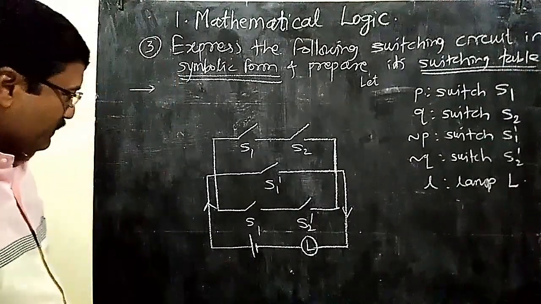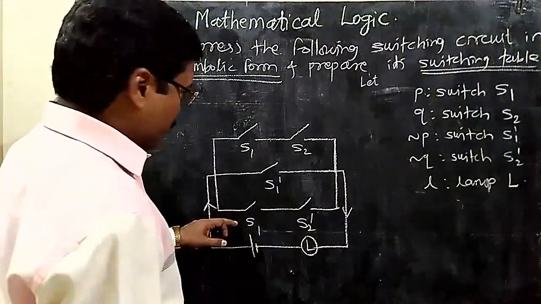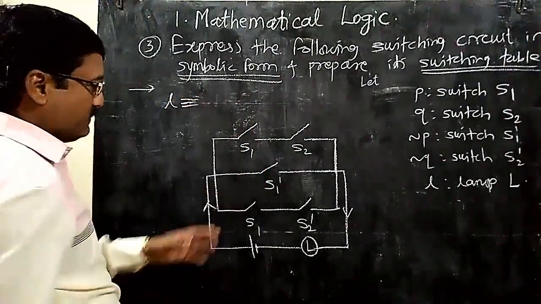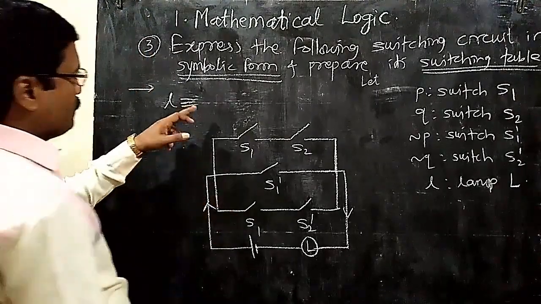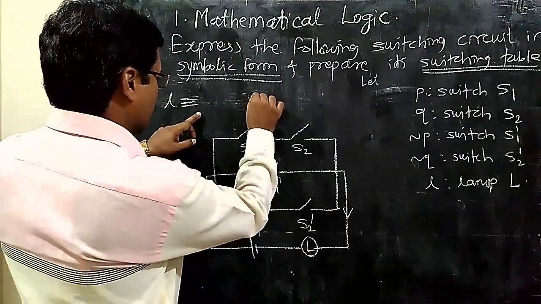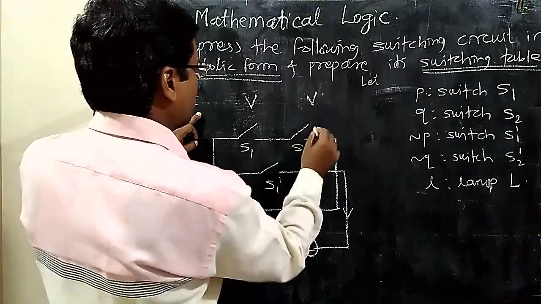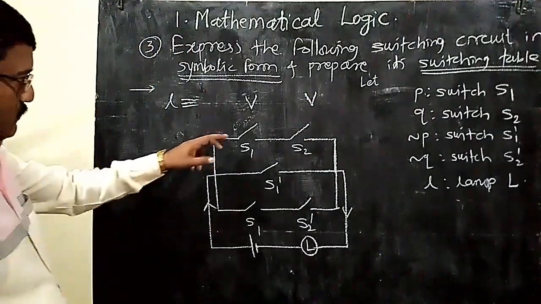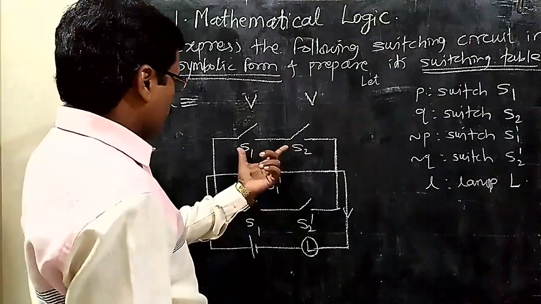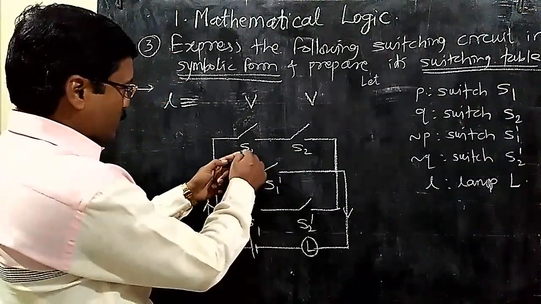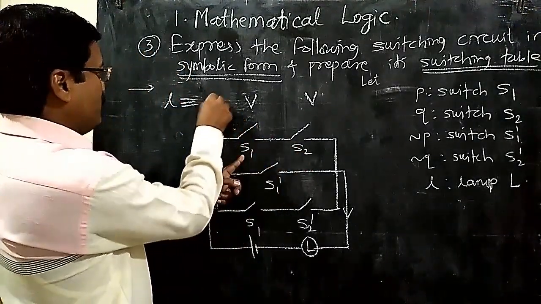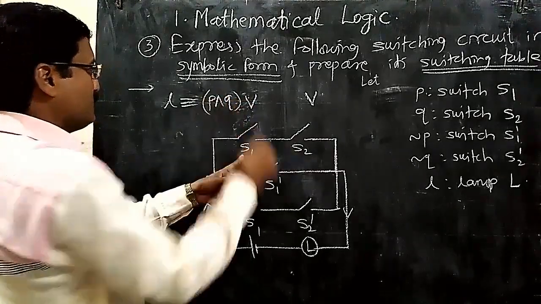If you observe this figure carefully, we have 3 branches in parallel combination. So we can write this switching circuit in symbolic form, and it contains 2 disjunctions, because 3 branches are there. The first branch contains a series combination of S1 and S2, which means there is a conjunction of statements P and Q. So P and Q is the first branch.